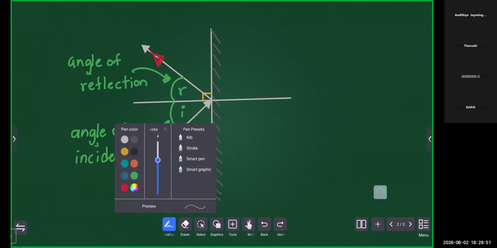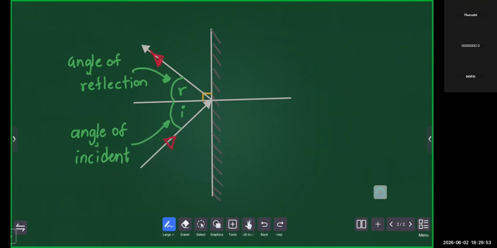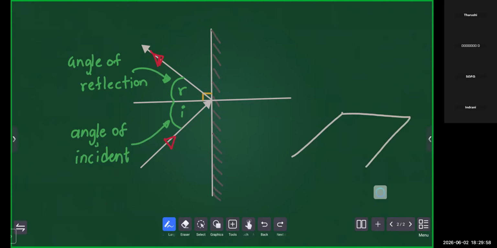If we take, this is the plane mirror. Let's assume this is the plane mirror, and I am going to look at the board. The blue arrow. The blue arrow represents the axis. Okay, the blue arrow represented plane.